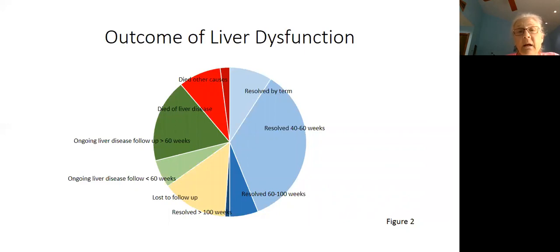And the red slices are babies that died from liver disease, or liver disease was a major comorbidity in their cause of death. So liver disease doesn't always go away as soon as they reach term.